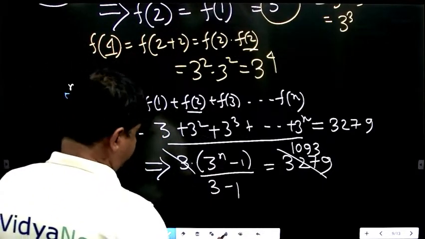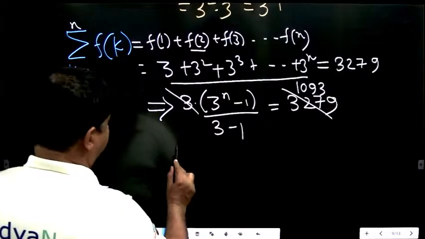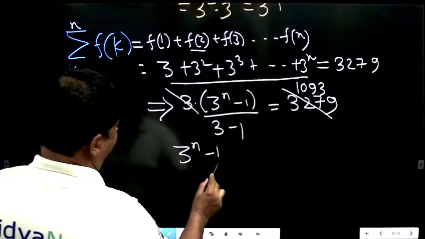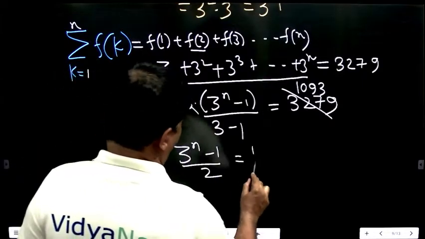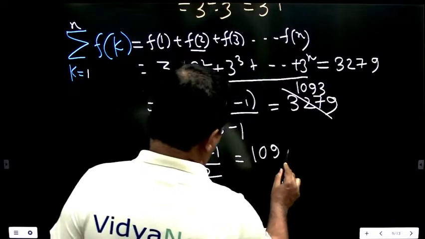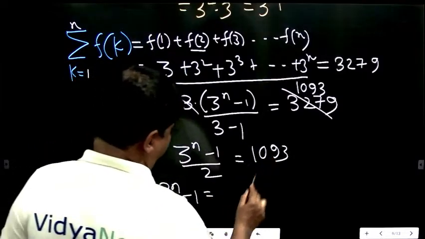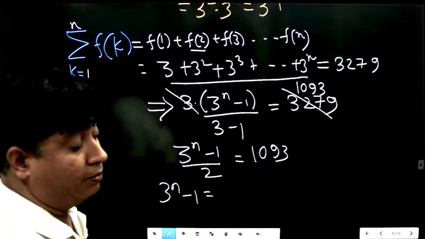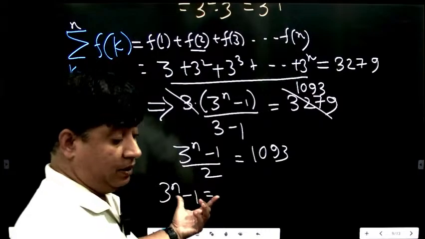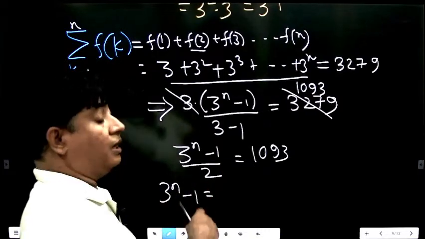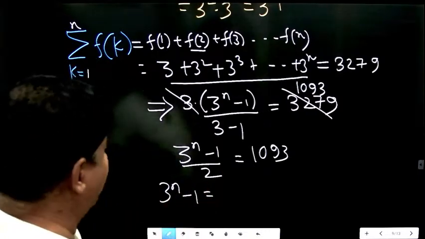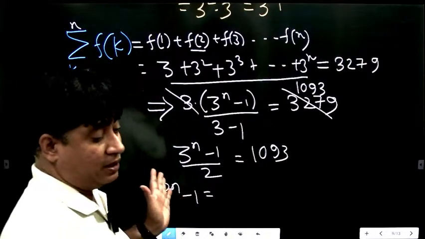Now 3 to the power n minus 1 by 2 is 1093. So just cross multiply. In this case, you must be careful in calculation. If somehow a mild mistake occurs, you will get stuck.